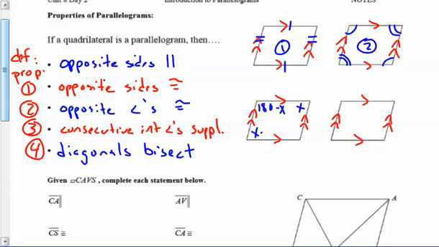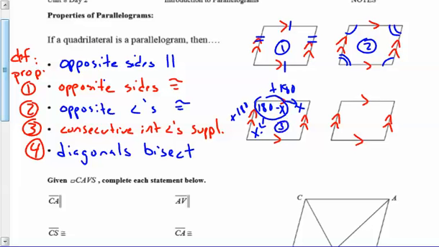So these 2 add up to 180 degrees. All right, consecutive interiors are supplementary.